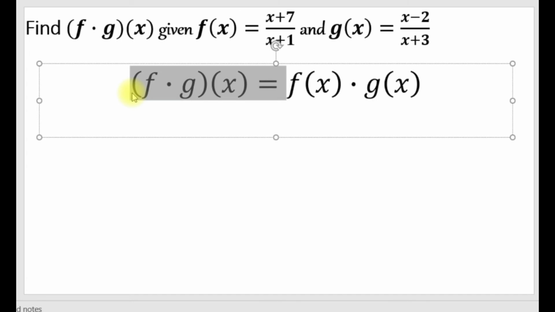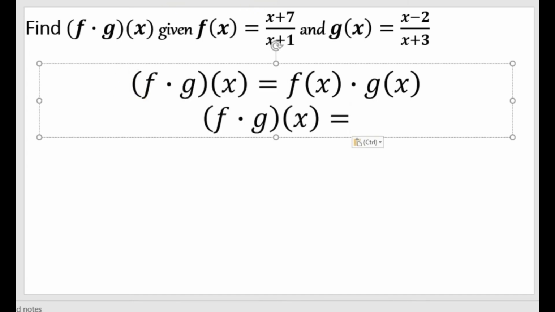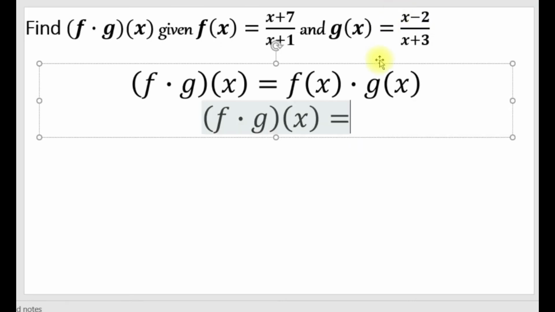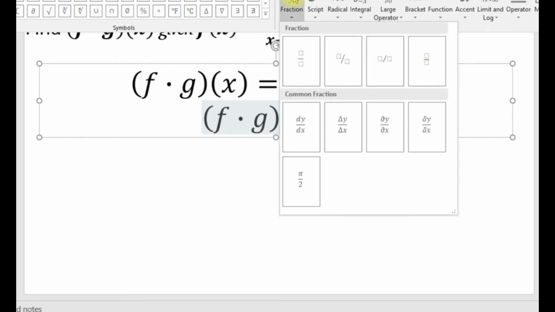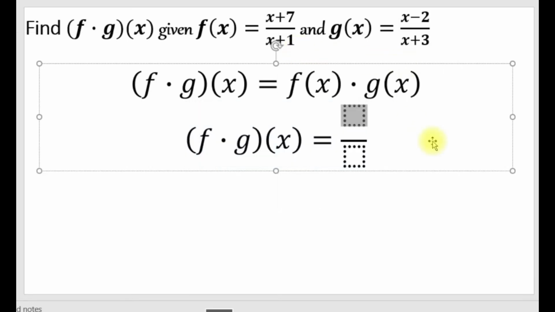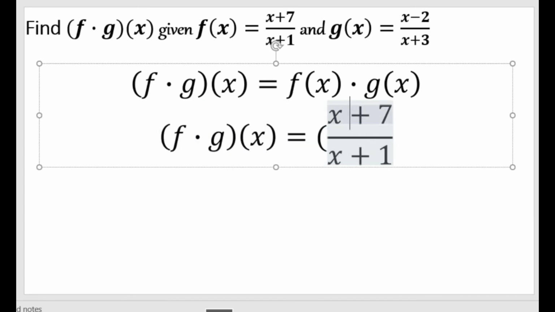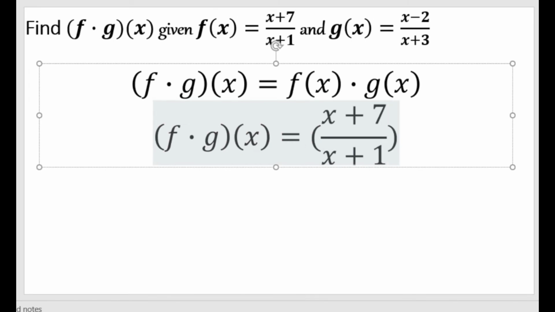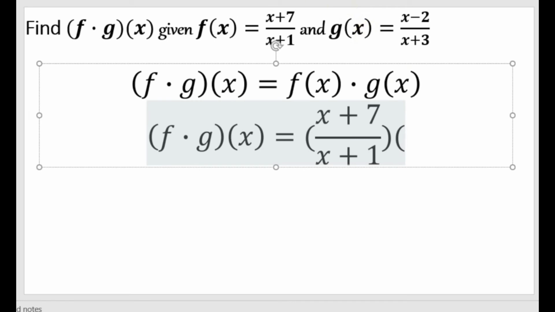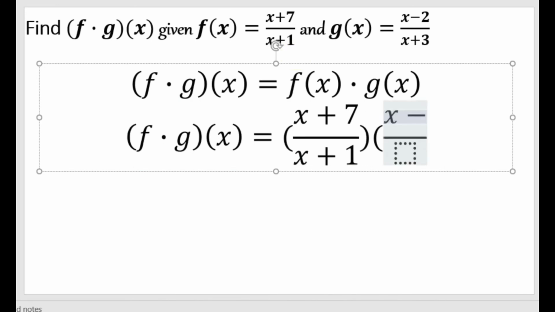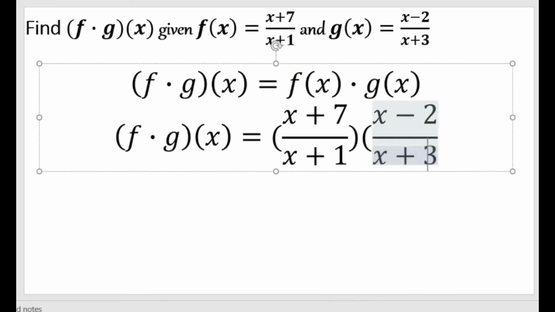So we'll have f of x as x plus 7 over x plus 1 multiplied to another fraction, which is x minus 2 over x plus 3.